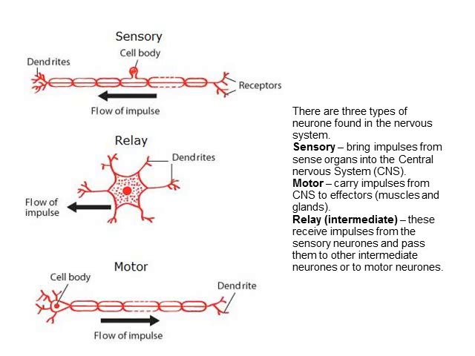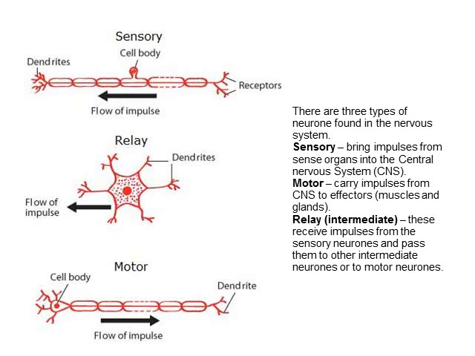The relay neurons are the most common neurons found in the nervous system, many millions of them in the brain. These carry information from one nerve cell, one neuron, to another, but also can connect sensory neurons to motor neurons.